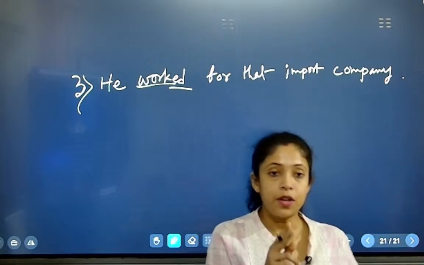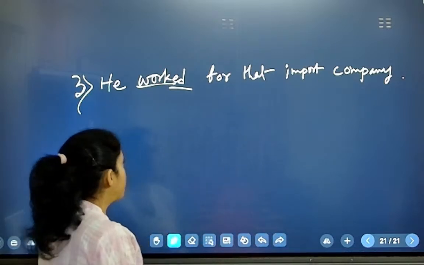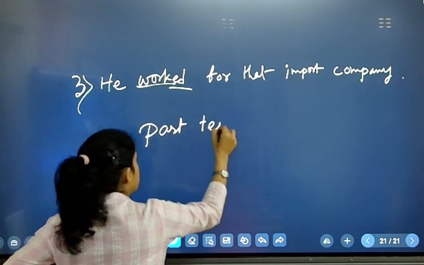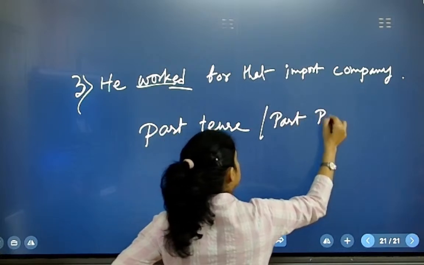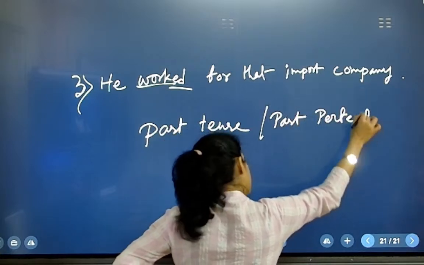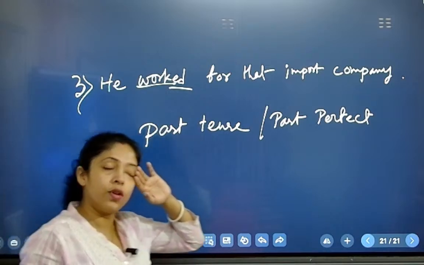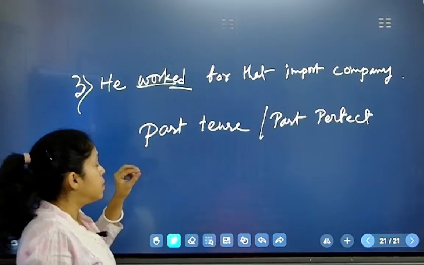So whenever two tenses are used, past tense and past perfect tense, I have to know the difference. What is the difference between past tense and past perfect tense? Suppose two events are happening together.